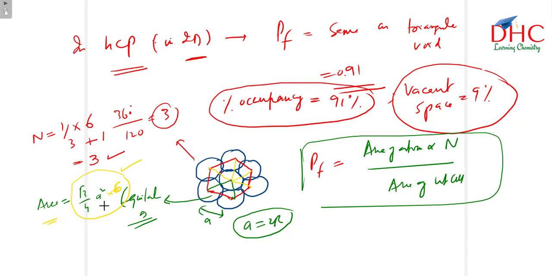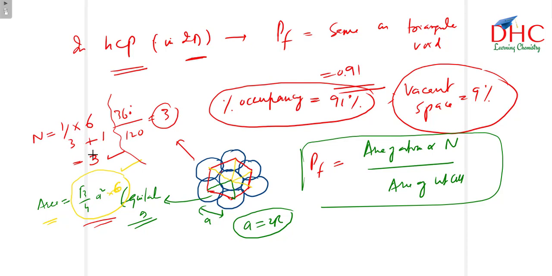So number of particles is 3 in this particular packing and area is equal to √3/4 a square multiply 6. कैसे निकला? I told you right now कि एक ट्रायंगल का एरिया है √3/4 a स्क्वायर, साइड स्क्वायर, multiply ये 6 ट्रायंगल्स बनते हैं, multiply 6. This gives the area of unit cell. एक बात, नंबर ऑफ पार्टिकल्स कैसे निकालेंगे आप? ये जो पूरा एक स्फीयर है इसका टोटल एंगल होता है 360 डिग्री. अब ये जो एंगल बनता है in hexagon that's 120. So डिवाइड बाय कीजिए 120 से, that came out to be 3. इसका मतलब ये हुआ ये जो एक एटम है this contributes 1/3 to the unit cell. तो जब 1/3 एक कंट्रीब्यूट करता है तो 6 कितने करेंगे?